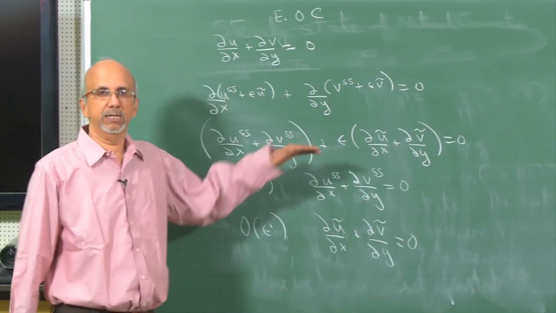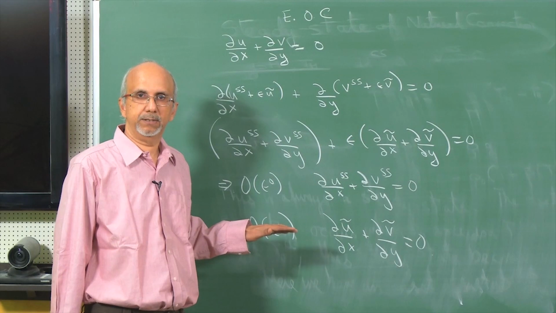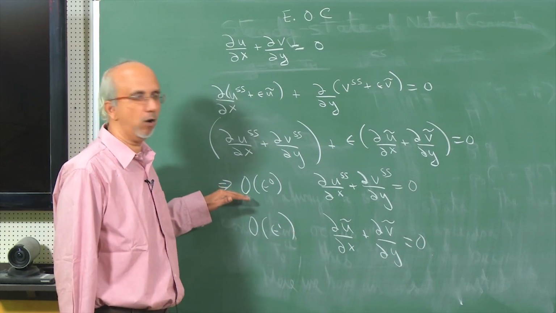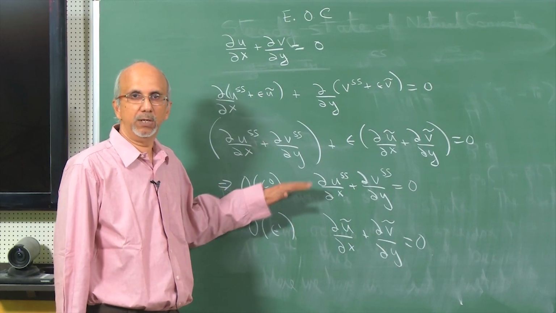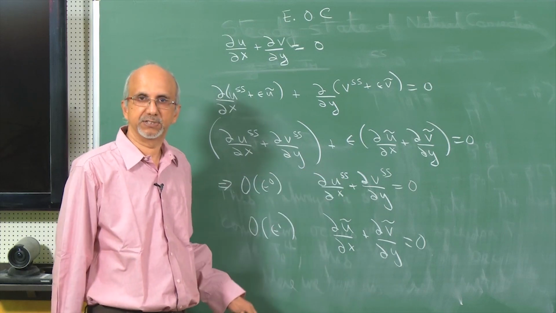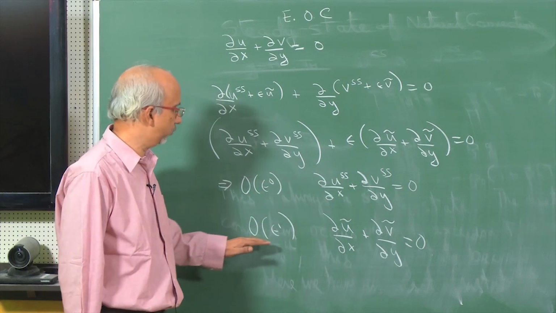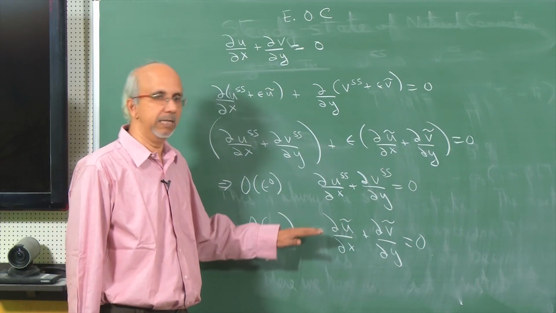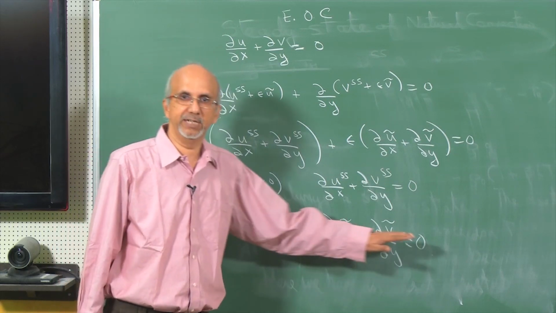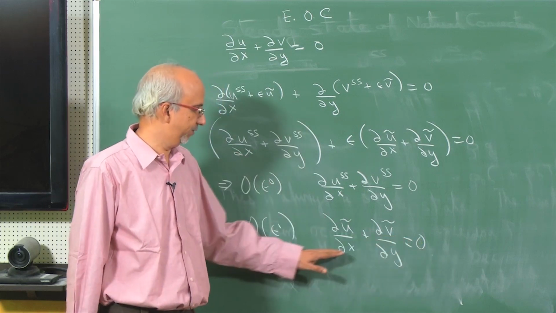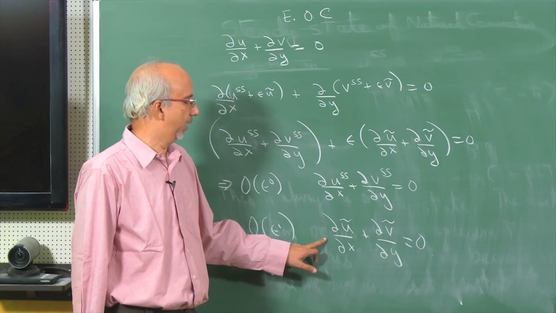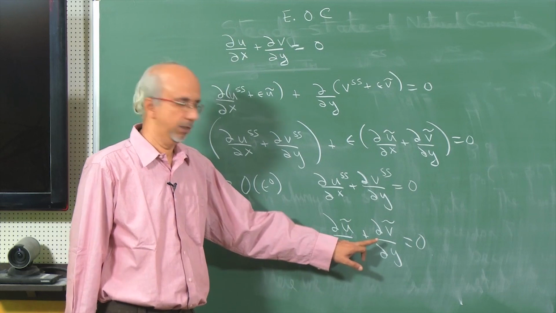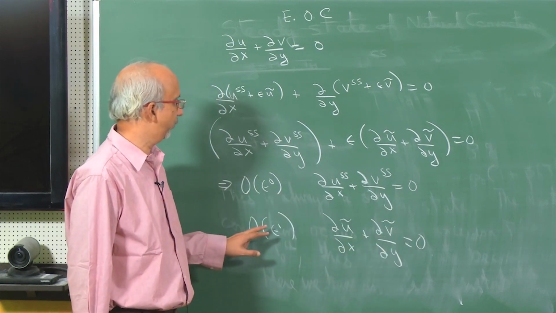Now, whenever you do a linearization around a steady state, at order epsilon to the power 0 you will recover the steady state equations. At order epsilon to the power 1, you should get a linear equation which is homogeneous, and that is basically what we have here.